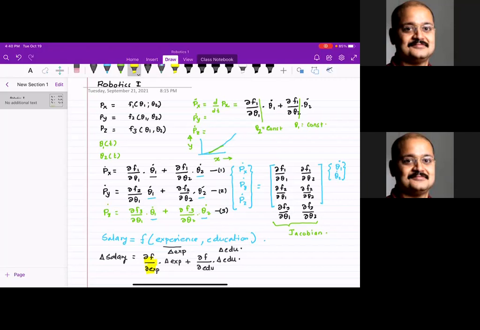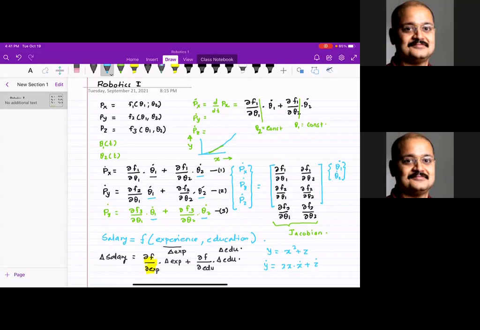A classic example, if you just want to go a little bit further, I can say y is equal to x square plus z. Now what I want to do is find out y dot. To find y dot, please note, if you take the derivative, this will be 2x x dot plus z dot. You agree with me?